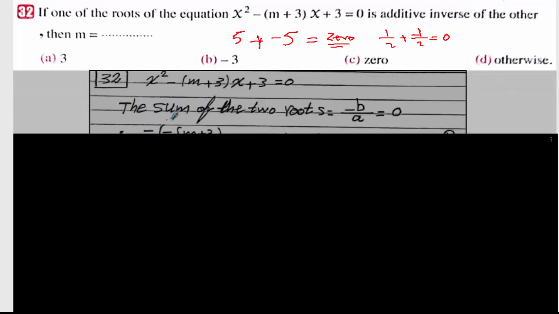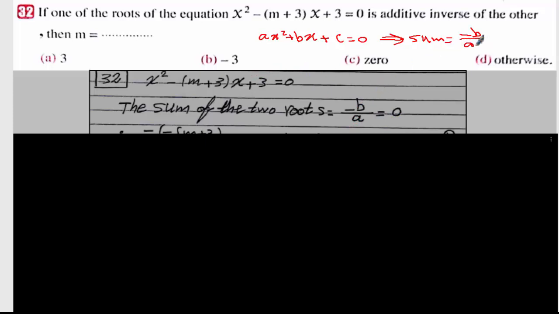So, the sum of the two roots equals negative b over a. Remember that in this equation, in its standard form, ax squared plus bx plus c equals 0, the sum of the two roots equals negative b over a, which equals 0, because one of the two roots is the additive inverse of the other.